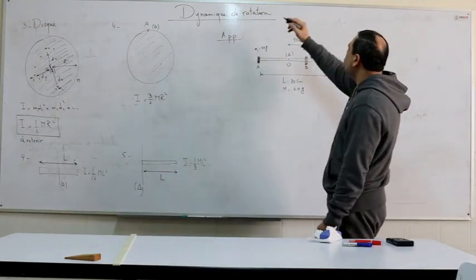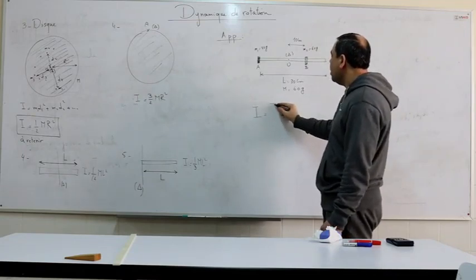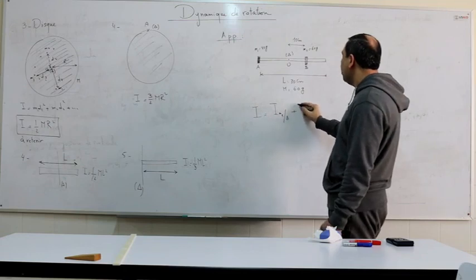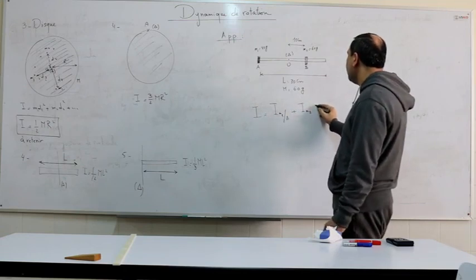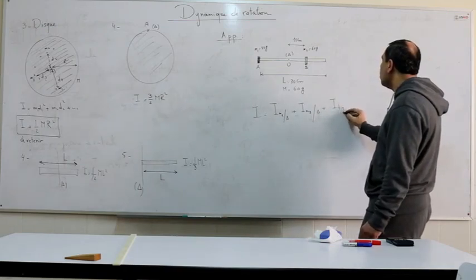So let's find the moment of inertia of all of this system with respect to delta. I equals I of m1 with respect to delta plus I of m2 with respect to delta plus I of the rod with respect to delta.